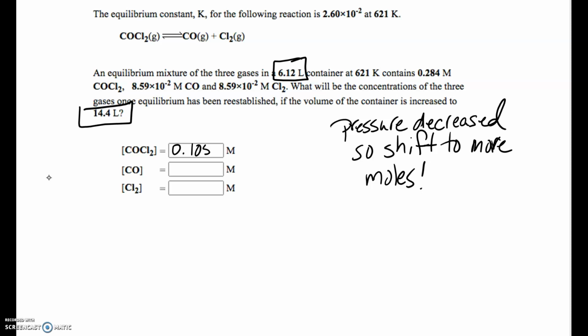And I bet there's some FOILing and some distribution and some quadratic equation. Go back to our other episodes if needed for help with all of that. And these are the same. All right, those are the new equilibrium concentrations. There you have it. There's your series for equilibrium concentration calculations, and we hope this has helped.